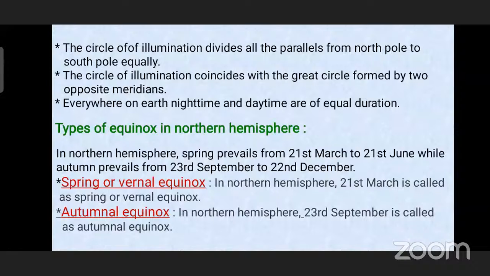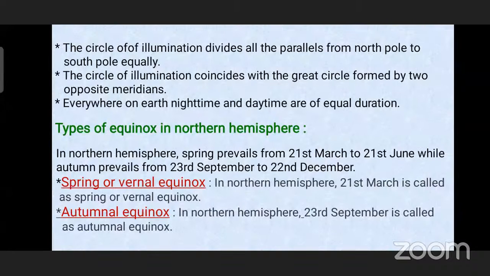Now next what we will see, students, is the type of equinox in northern hemisphere. So you know that the equator divides earth into northern and southern hemisphere. So in the northern hemisphere, what are these equinox days called? They are called as spring or vernal equinox and autumnal equinox. So when is the spring or vernal equinox happening?